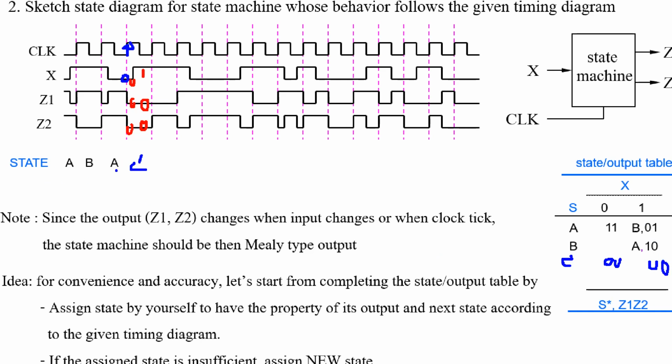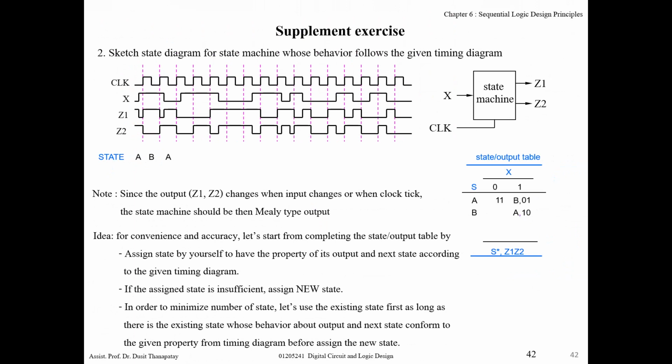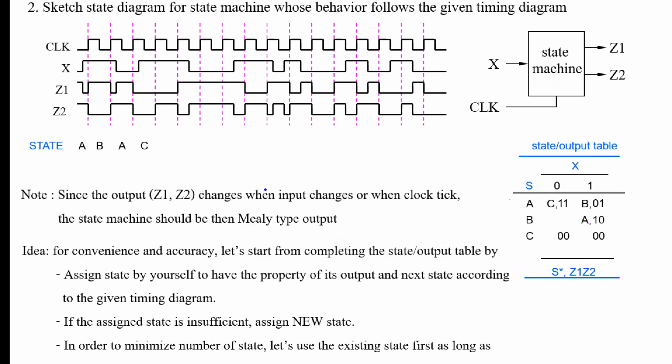So now you can fill the next step for state A when x is 0, right? State A when x is 0, change from A to C. So you can write state C here. Okay, next.